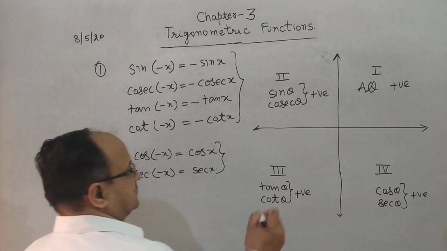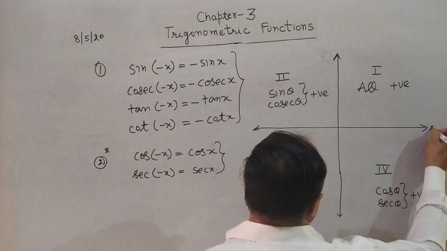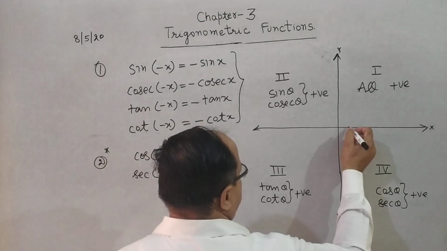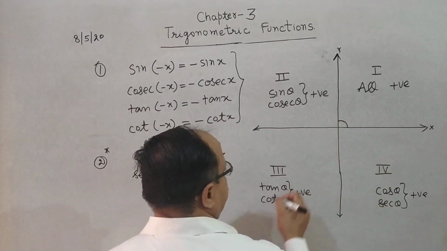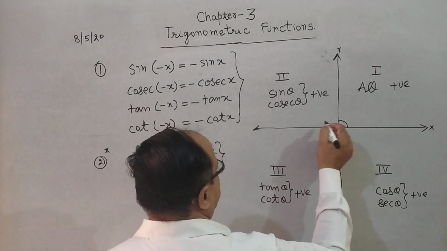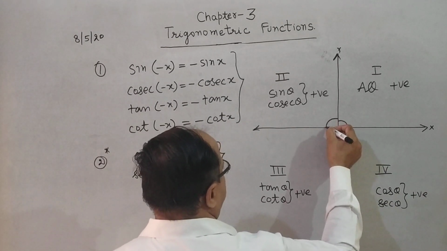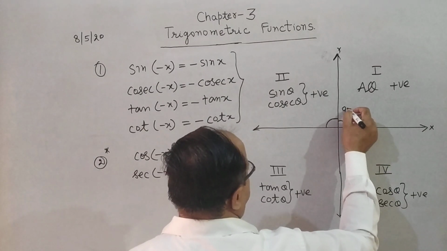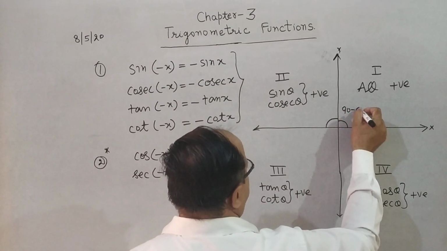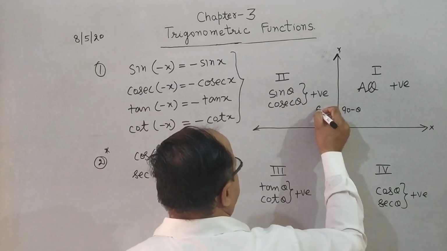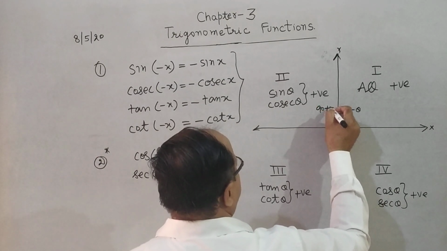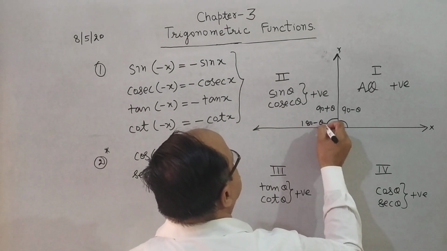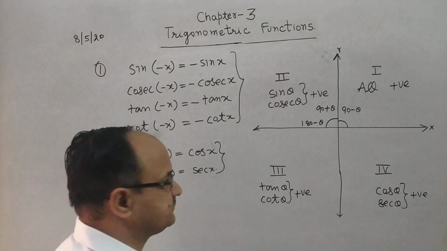You know that first quadrant is angle 0 to 90, and second quadrant 90 to 180. It means in this quadrant 90 minus theta lies, but in this quadrant 90 plus theta, or you can say 180 minus theta, right?